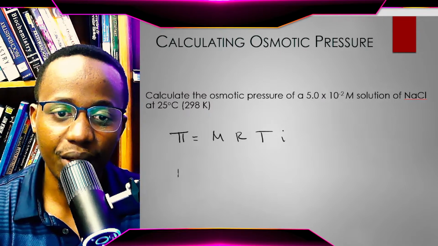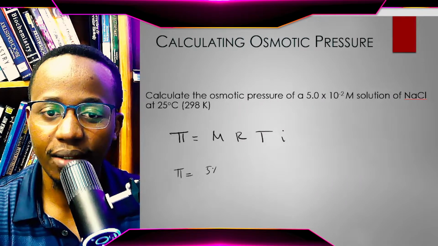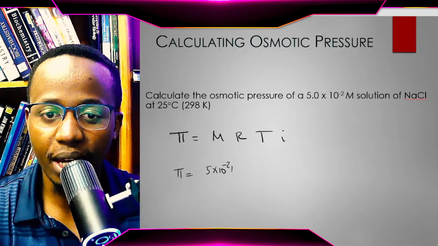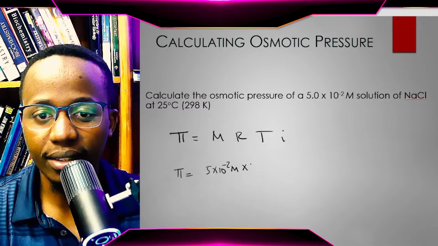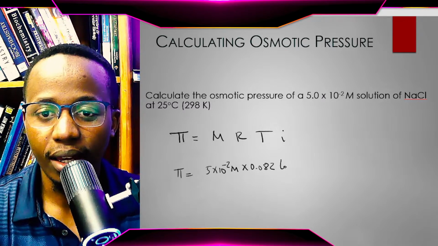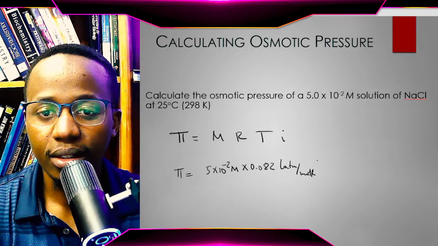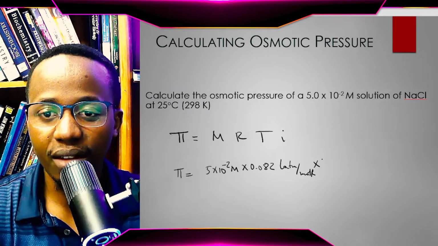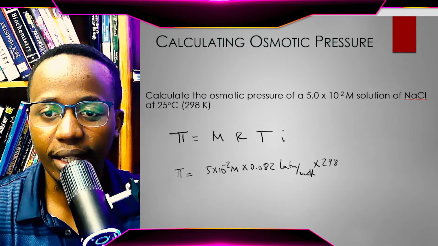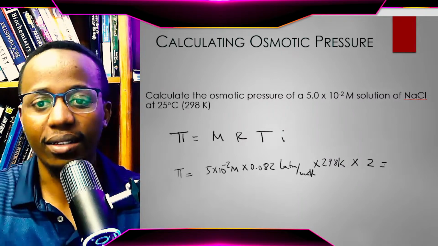So for this, we have everything, right? M here is 5 times 10 to the negative 2 M. R is 0.082 L atm over mole Kelvin. T is temperature. We have it is 298 Kelvin. I is what? Is 2 because you have NaCl.